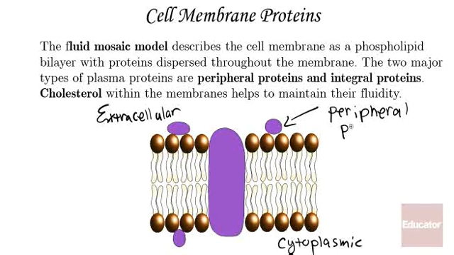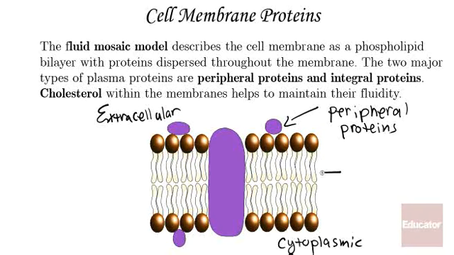So peripheral proteins are associated with one of these sides, whereas integral proteins are embedded within the cell membrane. These proteins are also amphipathic. They also have a hydrophobic region and one or more hydrophilic regions. So as expected, the hydrophobic region of the protein is here, embedded in the area where the lipids, which are hydrophobic, are also found.